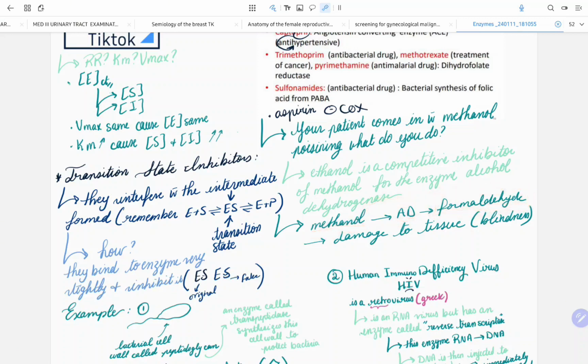Formaldehyde is very bad because it causes damage to the tissues and sometimes blindness. So what you can do as a doctor is put slow intravenous infusions of ethanol for several hours so that this slows the formation of formaldehyde, thus decreasing the risk of damaging the tissues.